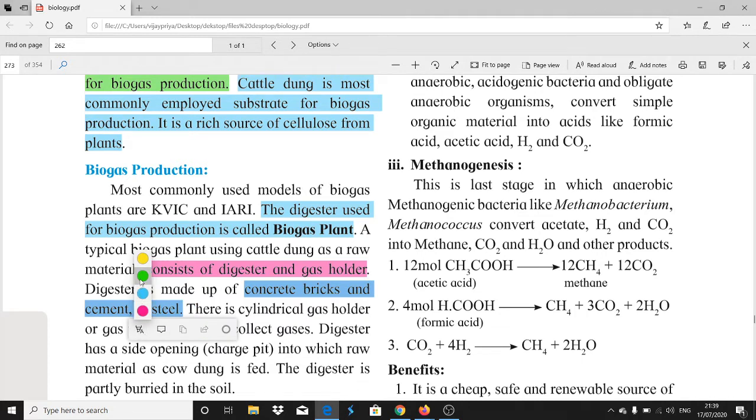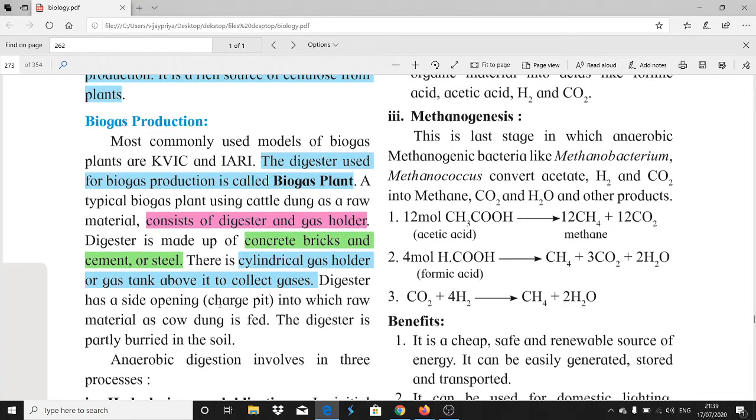There is a cylindrical gas holder or gas tank above it to collect the gases. What is the use of this holder? It collects all the gases which are formed naturally in that digester. The digester has a side opening called the charge pit, through which the cow dung is fed.